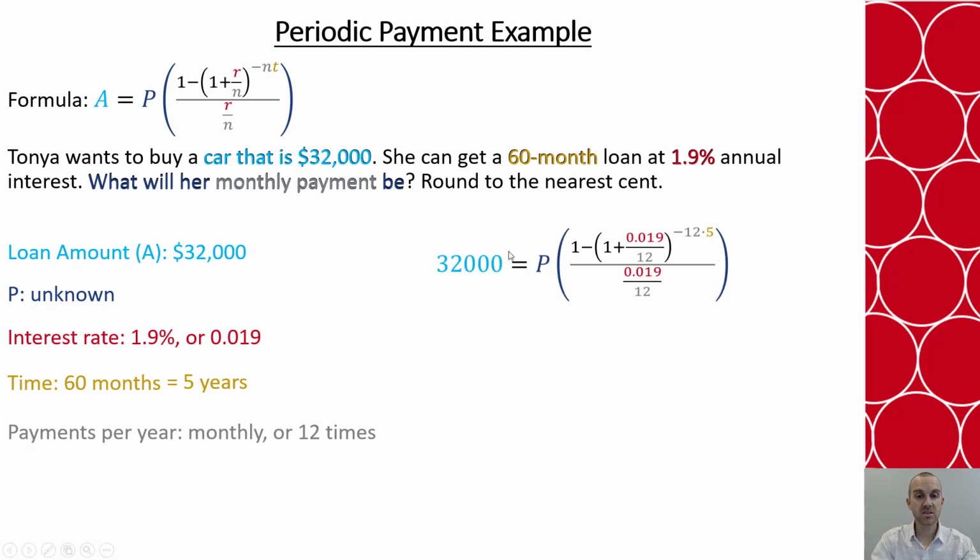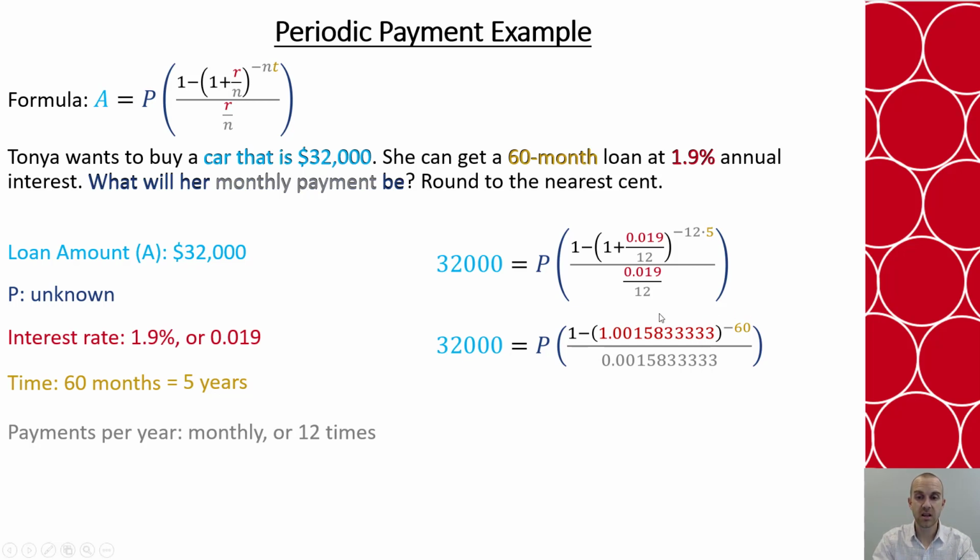Here, we're going to be solving for P. And since we're solving for P, we're going to simplify everything inside the parentheses and then divide both sides by that value. So I start by simplifying where my division is occurring, as well as simplifying my exponent. So you can see I have a lot of decimal places written here. Again, I want to carry as many as I can get from my calculator from one step to the next to make sure my answer is as accurate as possible.